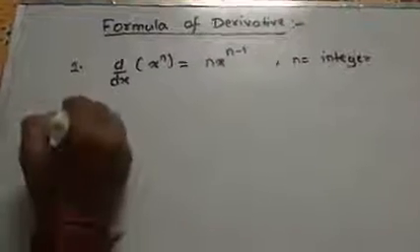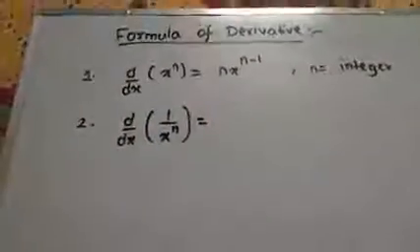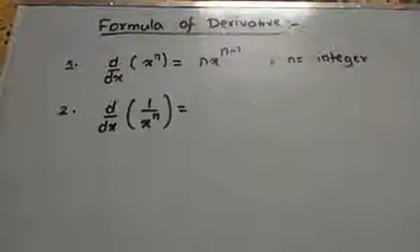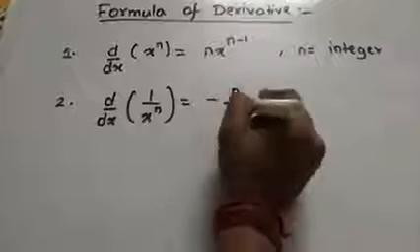Now the second formula, d/dx of 1 by x to the power n. This formula is minus n divided by x to the power n plus 1.